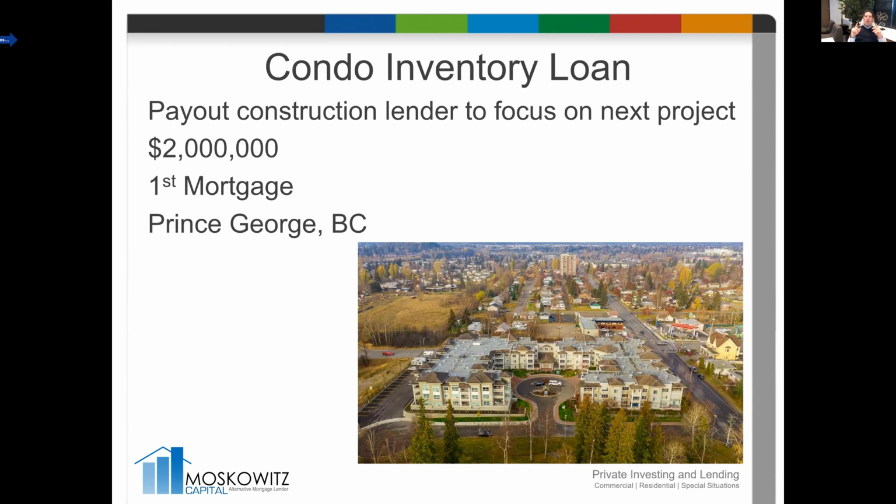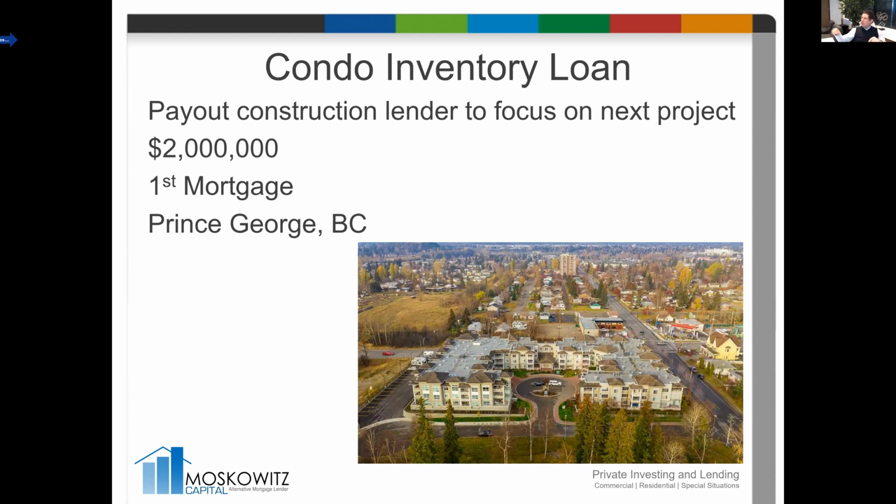So we have been very successful at providing condo inventory loans, and this is a mortgage agent's effort. If you want to target this space, it's in the hundreds of millions of dollars, because we have done tens of millions of dollars of this business, where we put a first mortgage on the unsold inventory with partial discharges, and the building developer owner is very excited.